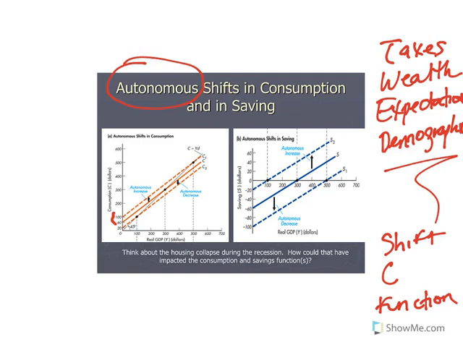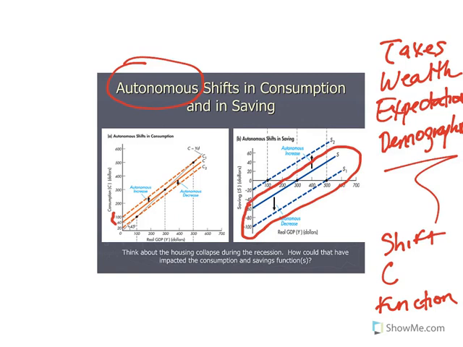So if I'm spending more, in other words, if autonomous consumption is increasing, then that means autonomous saving has to be decreasing. So you'll notice that when the consumption function shifts from C to C1, meaning that there's been an increase in autonomous consumption, we see a corresponding shift of the savings function going down.